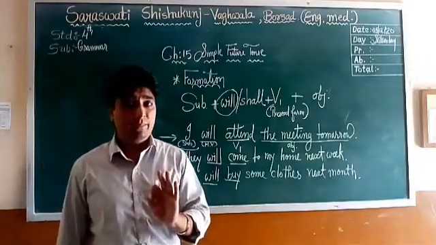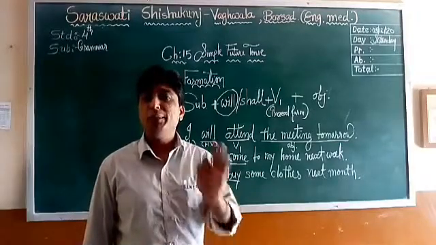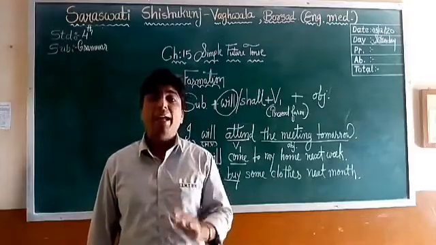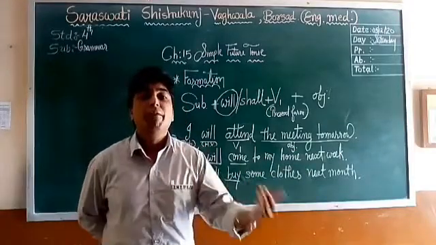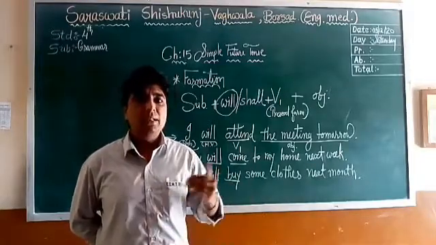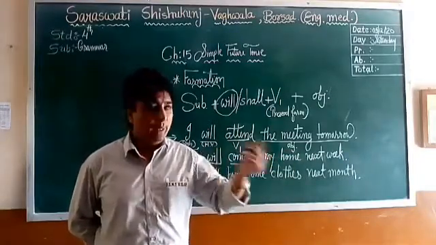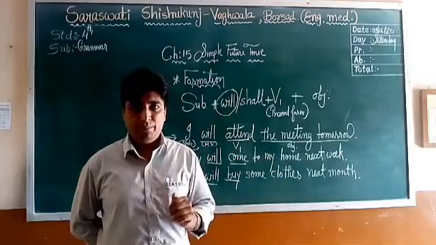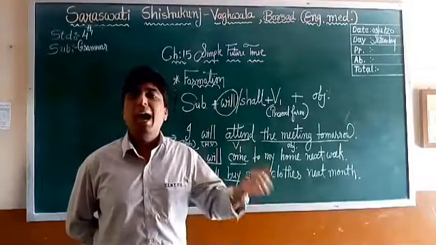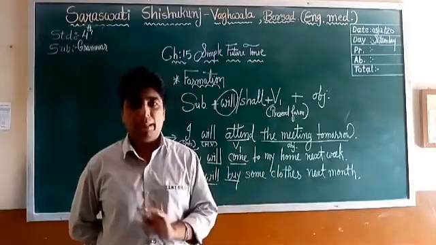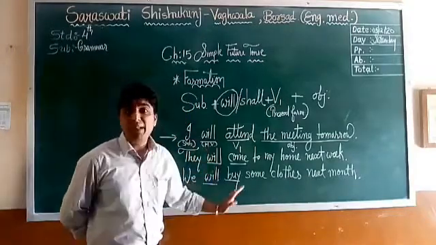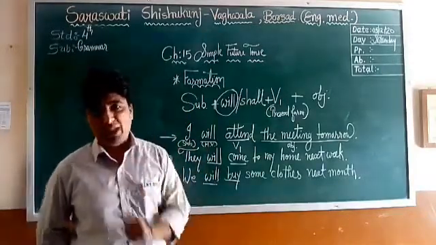Keep in mind, will should be used immediately after the subject: I will, you will, he will, she will, it will, we will, they will, Nisar will, Diya will, Ayush and Ayush will. So will must be there after the subject.